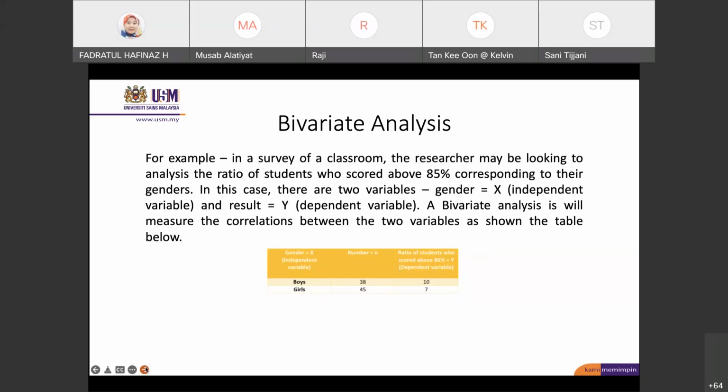First one, gender, X, is the independent variable, and also the result, which is Y, the dependent variable. So a bivariate analysis will measure the correlation between the two variables as shown in the table below, right?